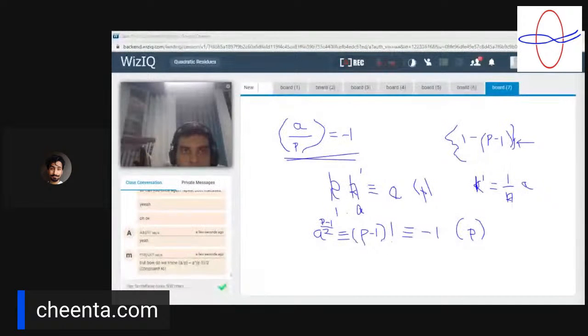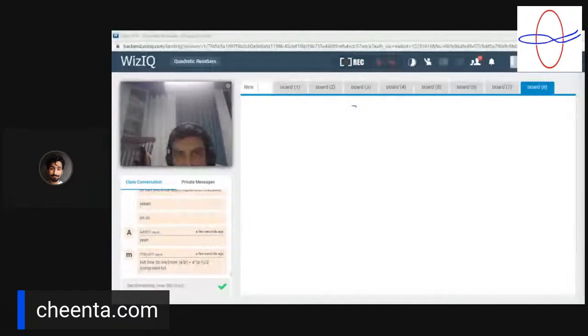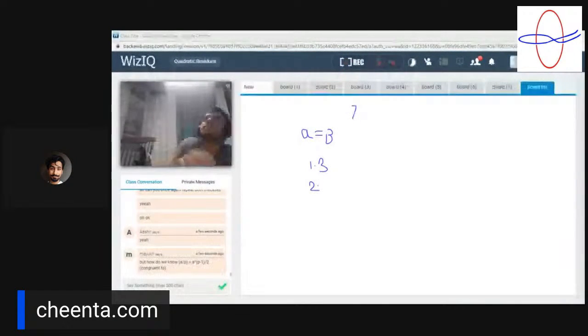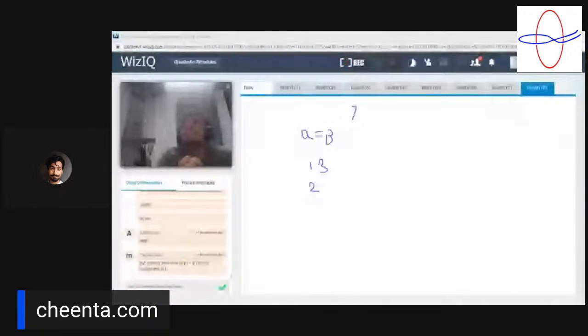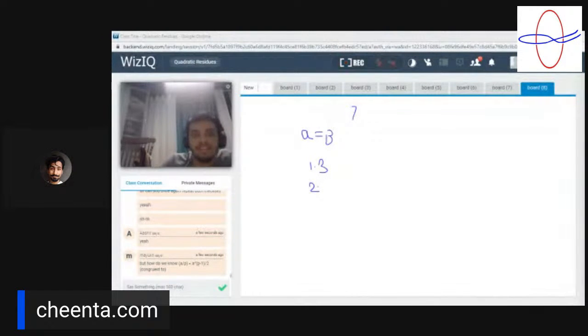Let's say we are working mod 7, and we are looking at a equal to 3. So we'll have 1 into 3 is equal to 3, or 2 into, the inverse of 2 is 4, so 3 4s are 12, which is 5.